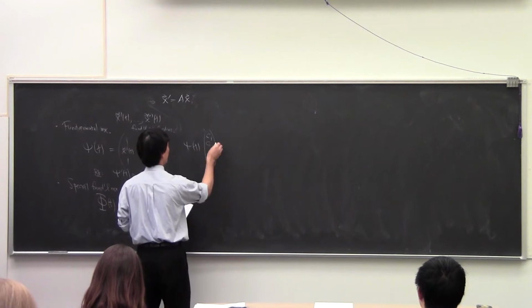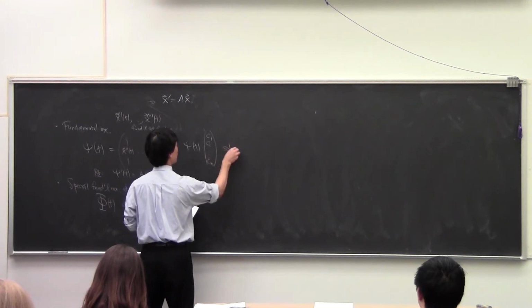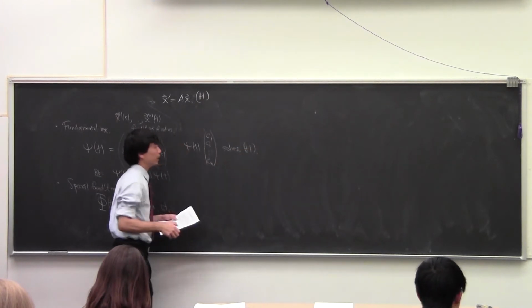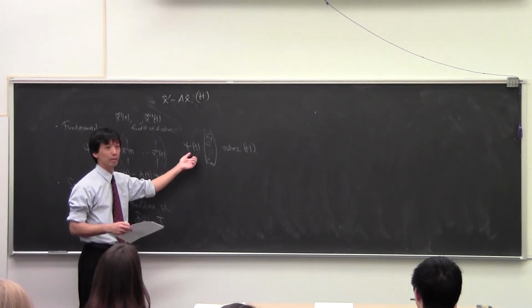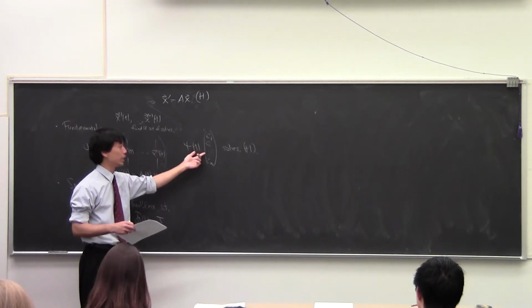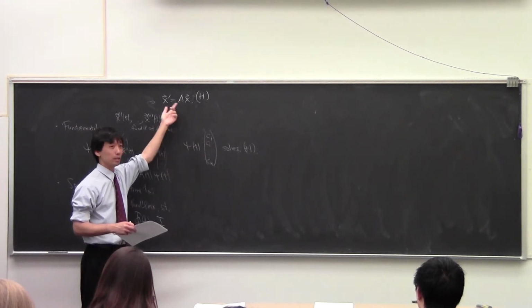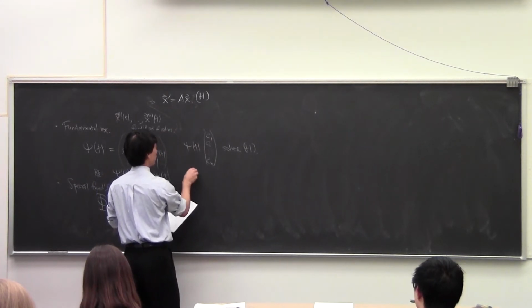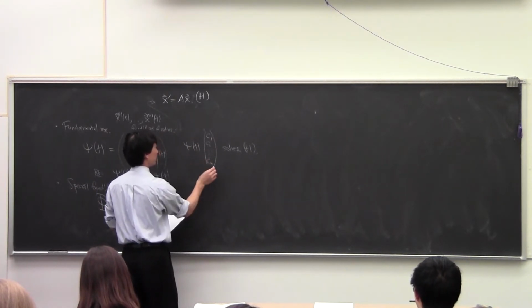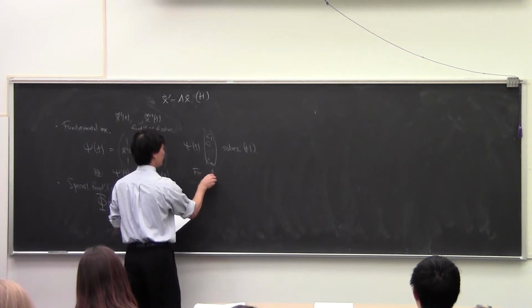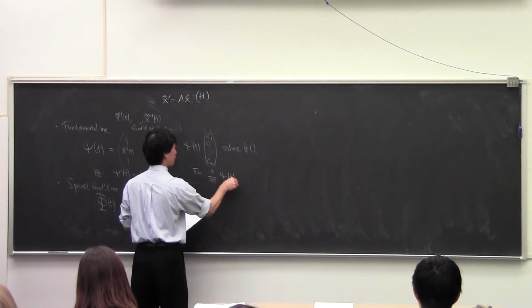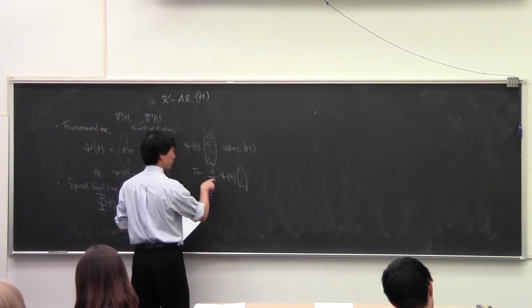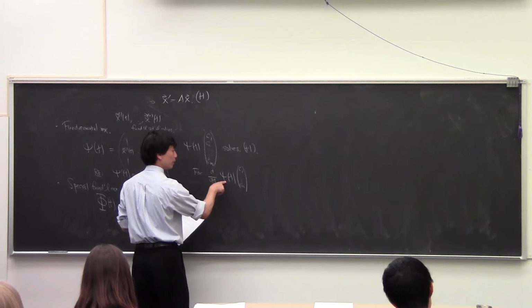We're saying that this solves H. We can see that in two ways, either by differentiating it. When you differentiate it, this thing is constant, so the derivative will just be on this guy.